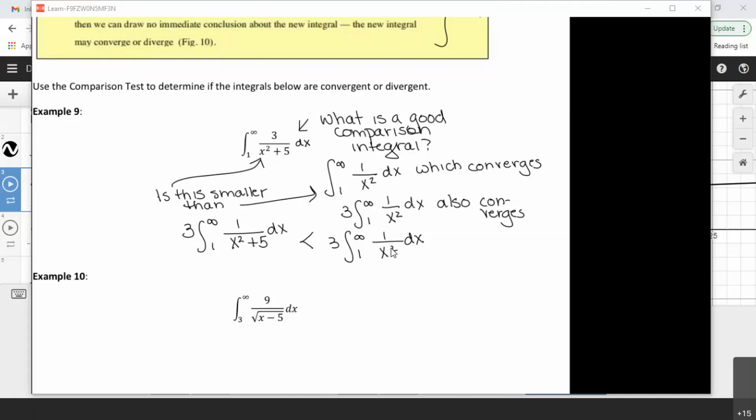They don't necessarily diverge, no. This is smaller than a known convergent function. So the function on the left is smaller than a known convergent function, so it's also convergent.